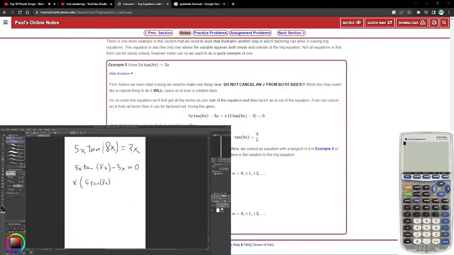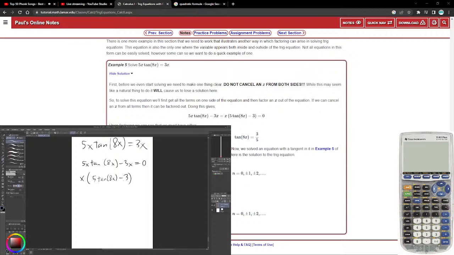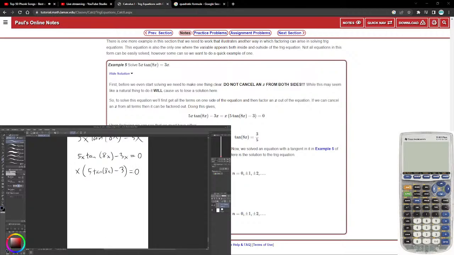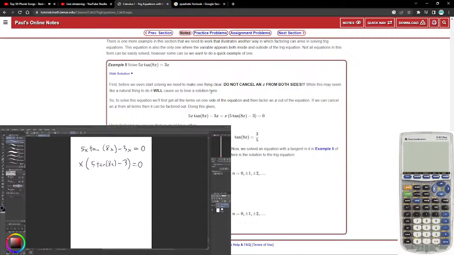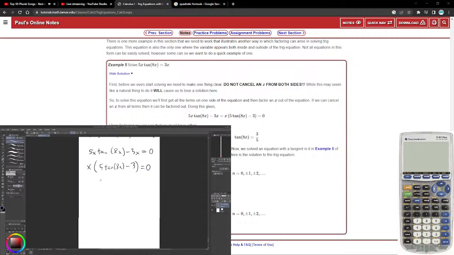Or wait, I can just minus 3, yeah, like that. Equals 0. And we can get rid of it. Oh, x equals 0, okay.